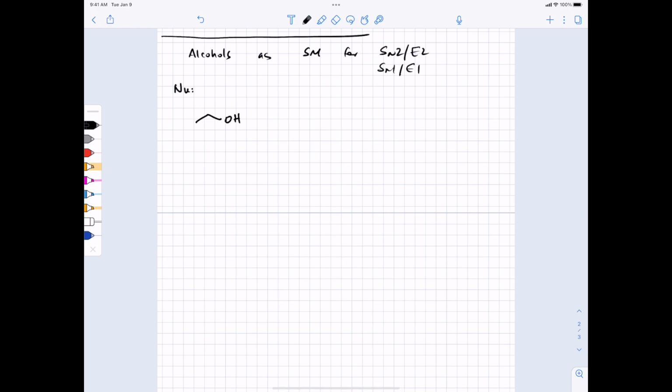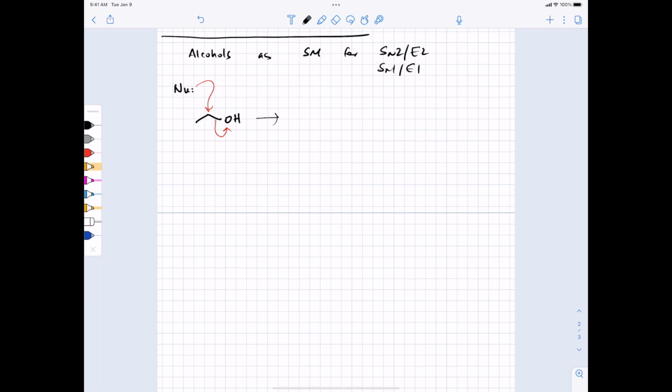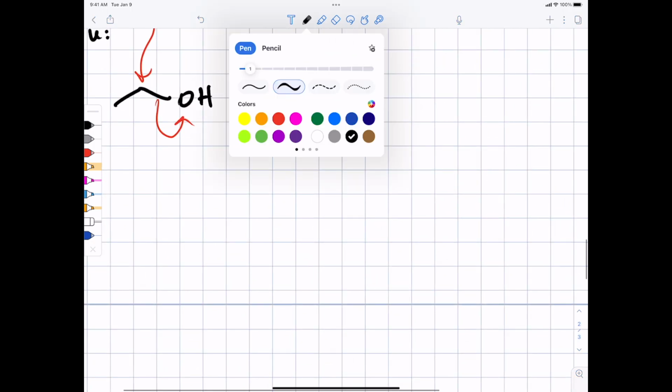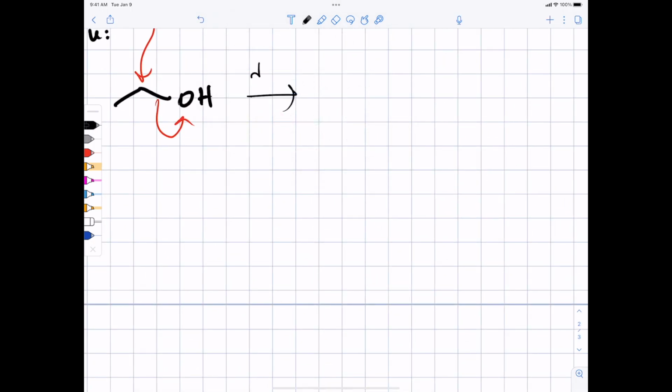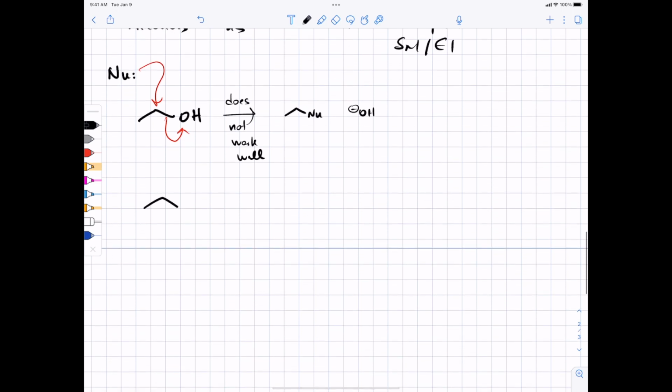And so to do a substitution reaction, I'm going to tell you this does not work very well. Let me show you what the desired products would be. This does not work well. This works great.